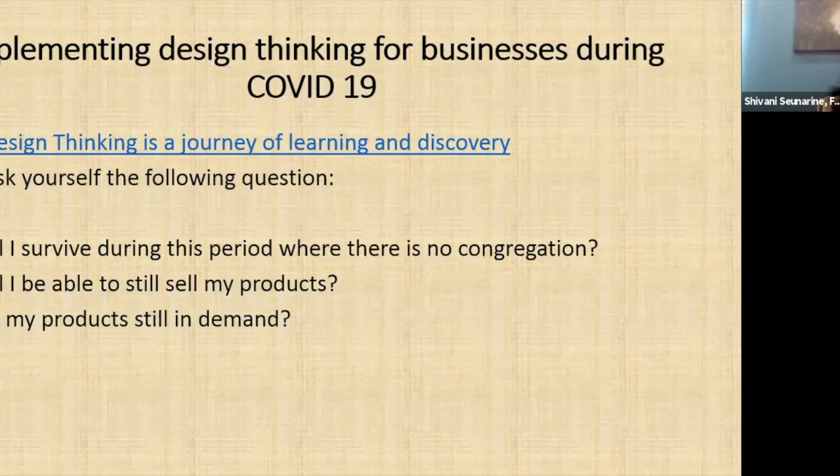Because when we stop and we ponder, we will come up with so many greater ideas that you might say to yourself, why didn't I think about this all the time? Why am I now doing it this way? I have increased productivity because I stopped and I started to ponder. I did the ideate stage. That's the stage that I did.